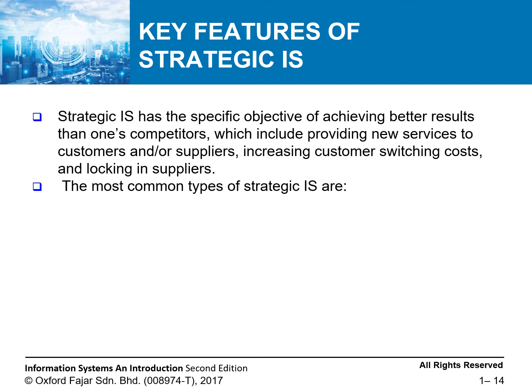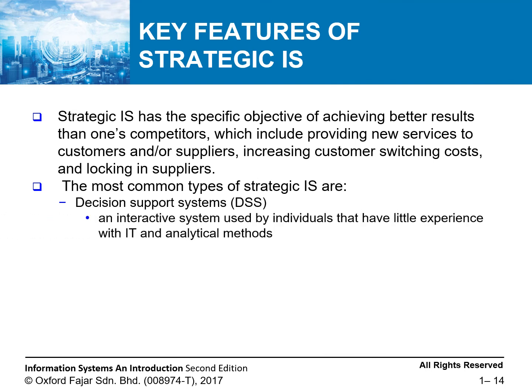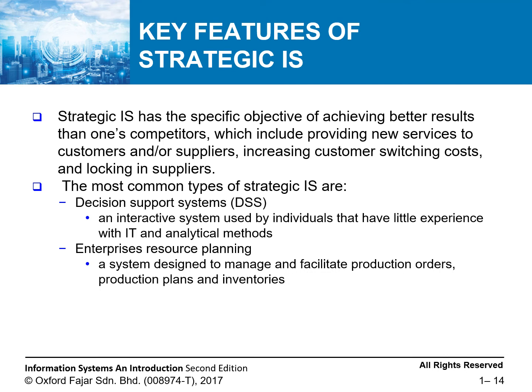The most common types of strategic IS are, the first one, the decision support system, or DSS. Here, an interactive system is used by individuals that have little experience with IT and analytical methods. Next is enterprise resource planning, or ERP, a system designed to manage and facilitate production orders, production plans, and inventories.